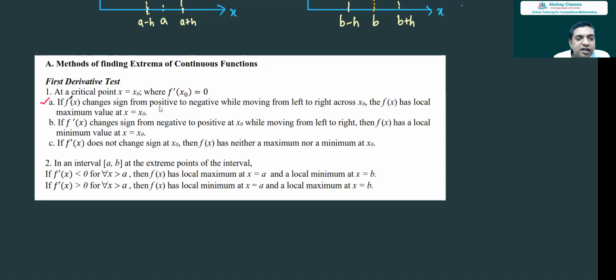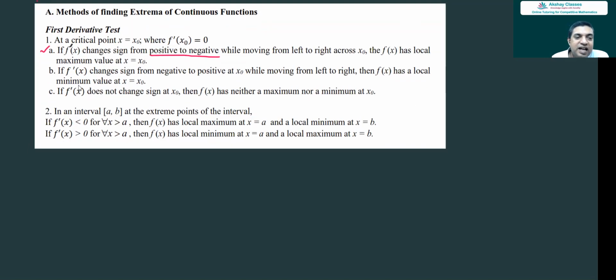If f dash x changes sign from positive to negative while moving from left to right, then f of x has a local maximum value. If f dash x changes sign from negative to positive at x naught while moving from left to right, then f of x has a local minimum value. And if f dash x does not change sign at x naught, then f has neither maximum nor minimum value at x naught. Let's examine these three cases.